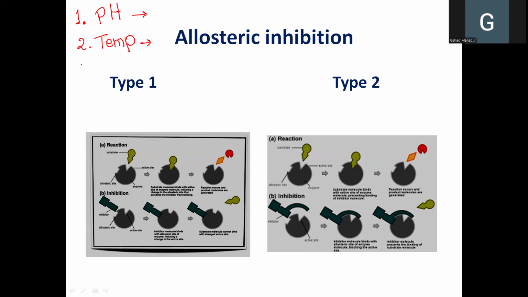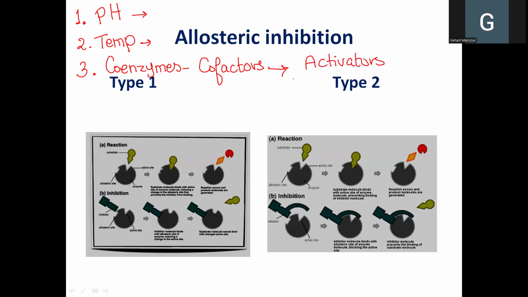And number 3, we talked about 2 types of enzyme activators, which were the coenzymes, organic and large molecules like vitamins, or cofactors, small and inorganic molecules.